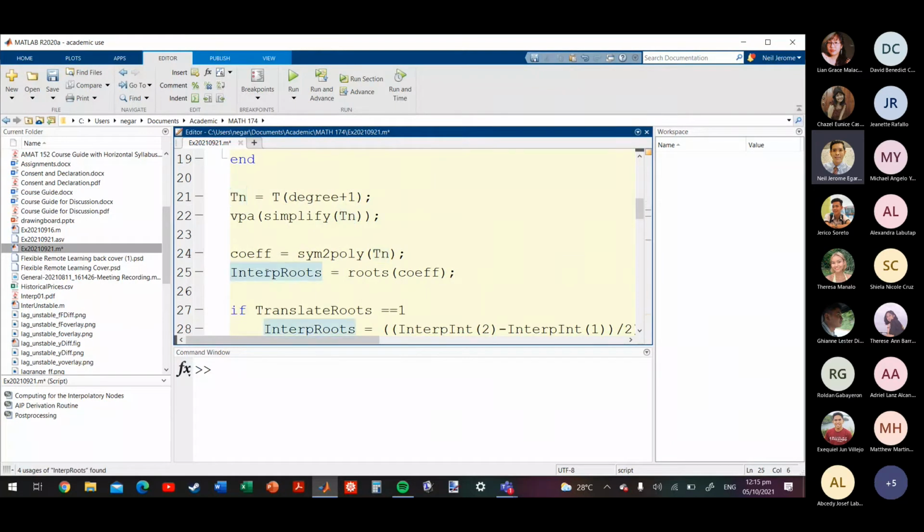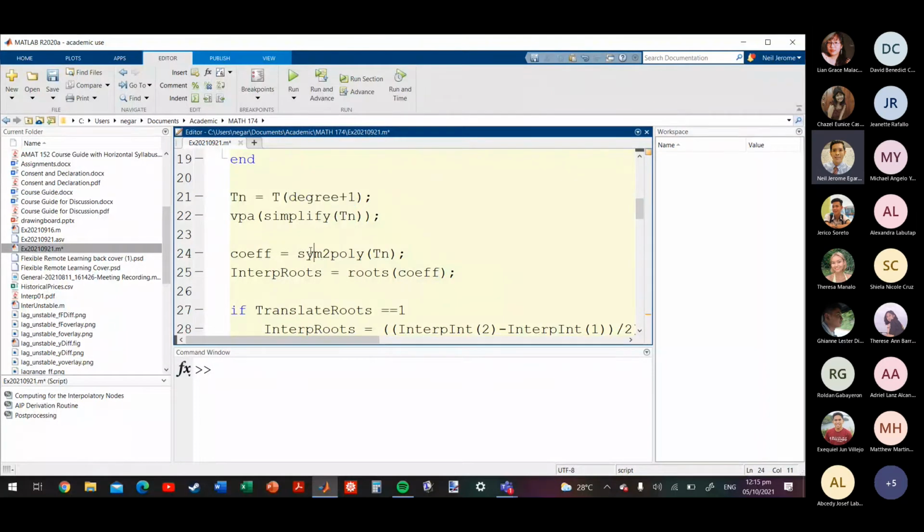Pinalitan ko lang ng pangalan. Remember last time, ang tawag ko ay Chebyshev roots. Dahil ngayon, it could be the roots of the Chebyshev or the roots of the Legendre polynomials. Tawagin ko na lang siyang interp roots. So ganun pa rin siya yung roots ng coef. Si coef yung coefficients ng polynomial Tn, which is the Legendre polynomial of degree 11.